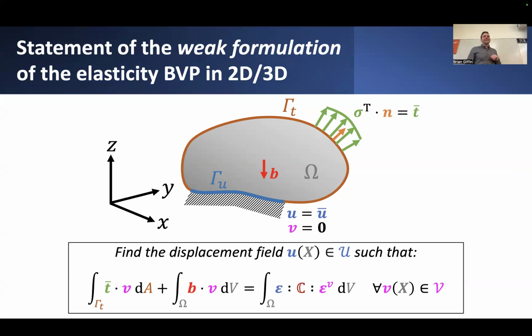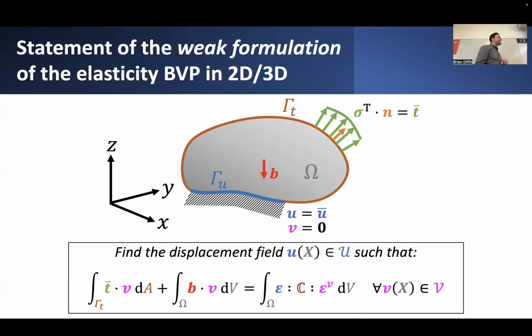So we recognize that this equation, which is effectively an integral average statement of equilibrium, has to be satisfied for any arbitrary choice of virtual displacement function or test function V. And we've defined these specialized sets of functions, calligraphic U and calligraphic V, such that automatically the displacement field satisfies our displacement boundary conditions, and also the virtual displacement field satisfies the homogeneous essential boundary condition that V equals 0 on gamma U.